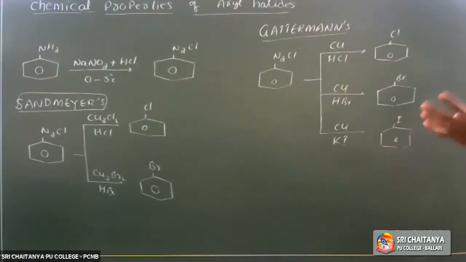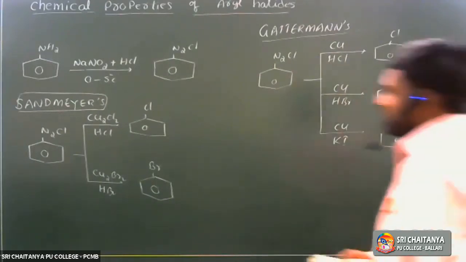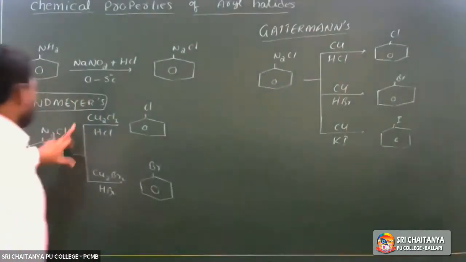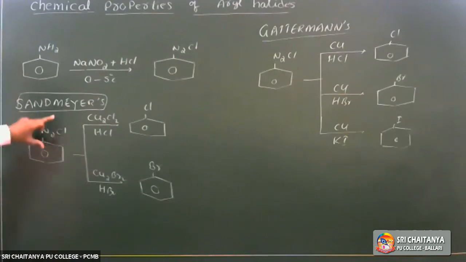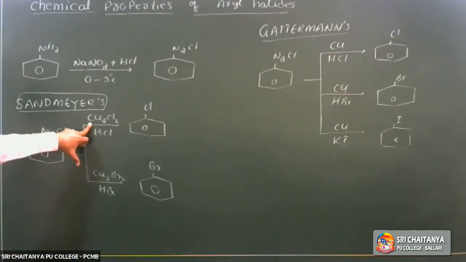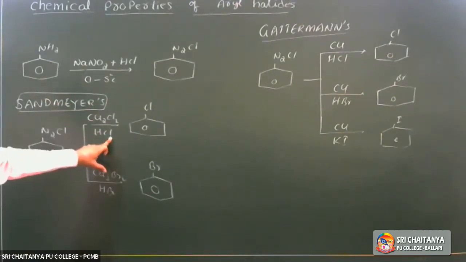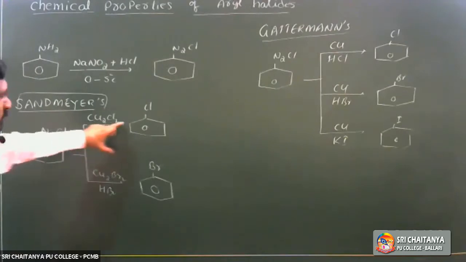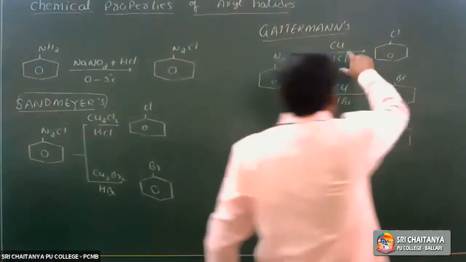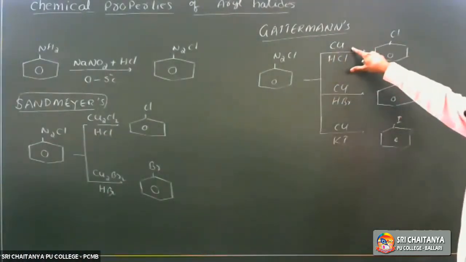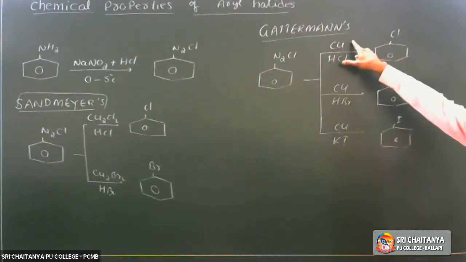What is the difference between the Sandmeyer reaction and Gattermann's reaction? In Sandmeyer's reaction, benzene diazonium chloride is treated with cuprous chloride. Instead of cuprous chloride, if you use copper powder, it is called Gattermann's reaction.